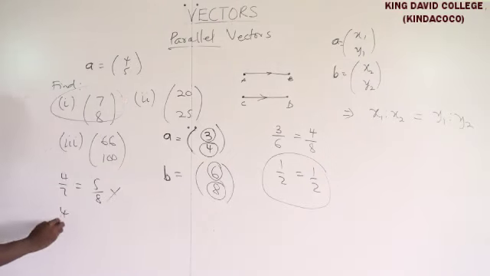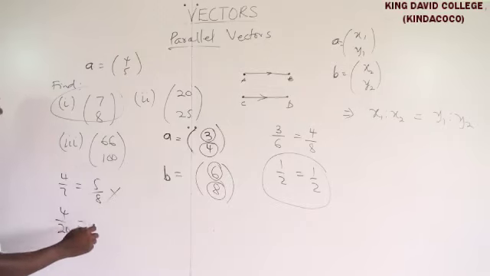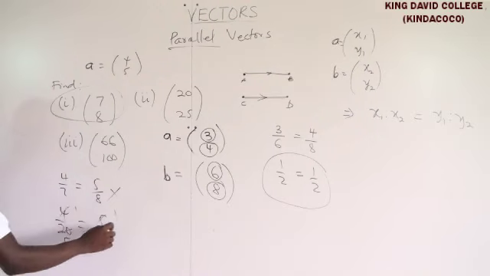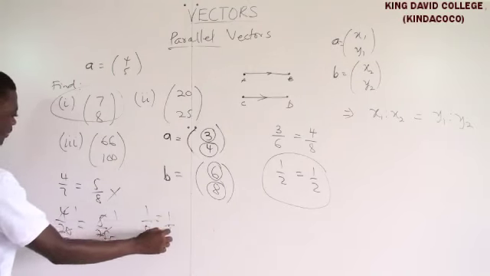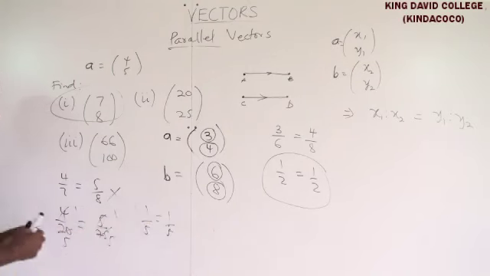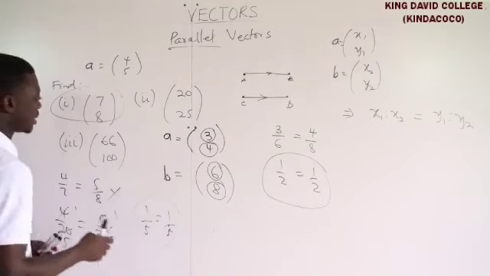So 4 divided by 20 should be equal to 5 divided by 25. 4 here 1, 4 here 5, 5 here 1, 5 here 5. So 1 over 5 is equal to 1 over 5. That's good.